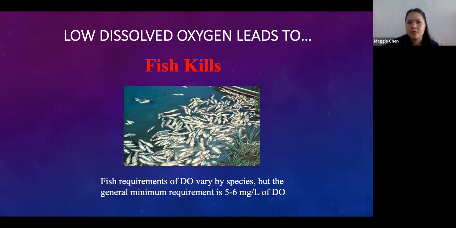Low dissolved oxygen levels lead to fish kills. The fish requirement of DO varies by species, but generally it's 5 to 6 milligrams per liter of DO for a fish habitat. And as the amount of DO continuously gets lower, it has more effects on whether they continue to reproduce, feed, or exist.